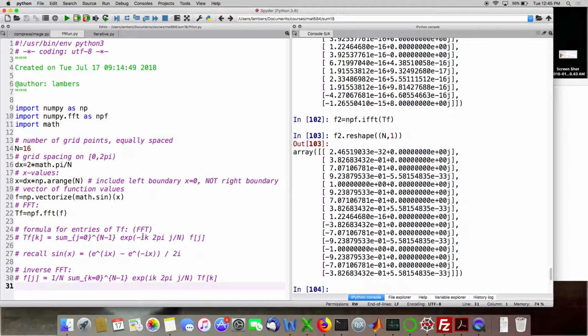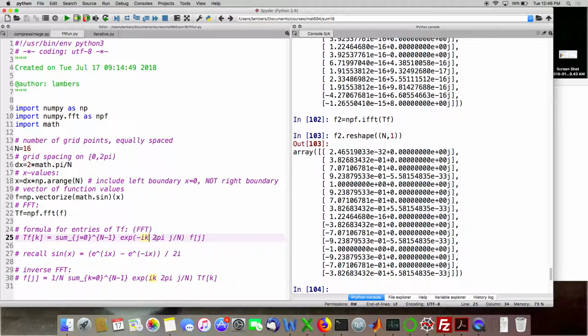I think what I was getting at here is that the values of k, like I was saying earlier, you think of those as frequencies or wave numbers, and those are actually periodic too.